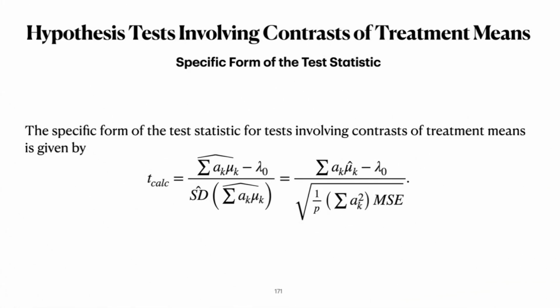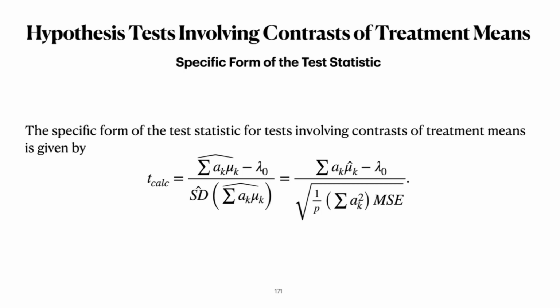Now the specific form of the test statistic for tests involving contrasts of treatment means is given by this expression. The numerator is equal to the difference between the estimated value of the contrast that we are testing hypotheses about, so the sum of the a sub k's times the mu hat sub k's, minus the hypothesized value for the contrast, which is lambda sub 0.